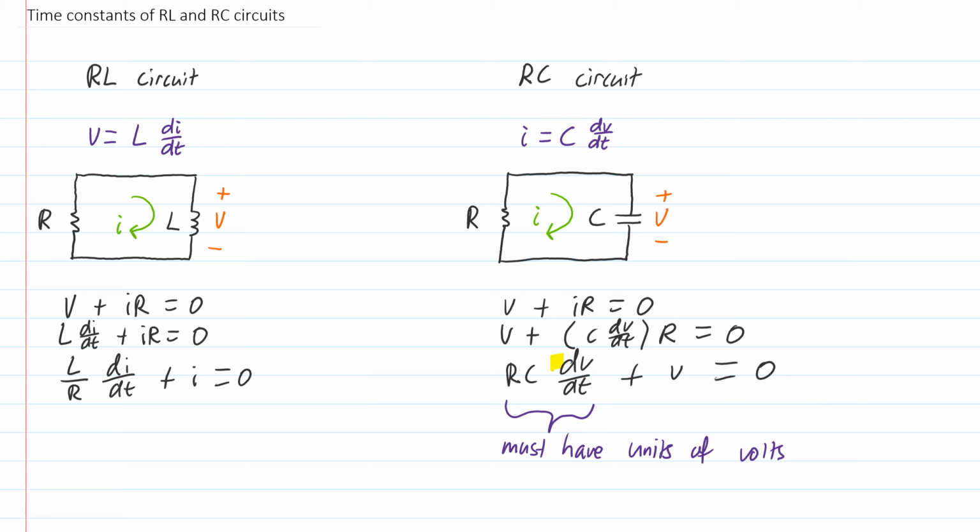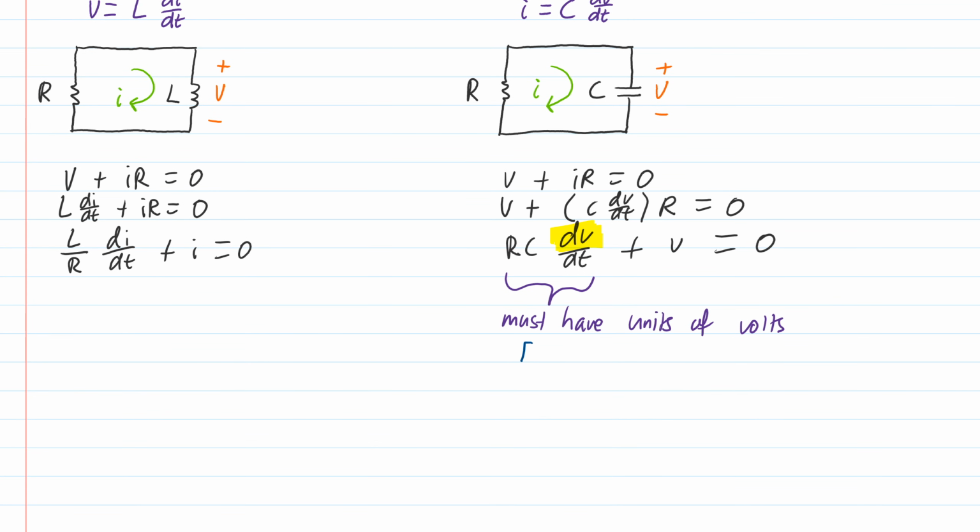If that has units of volts, we can analyze each of those parts. We have dV here, a differential element, which has units of volts. In case you're not familiar with that, the differential element has the same units as the actual variable itself. So dV has units of volts, which means that dV/dt has units of volts per second.